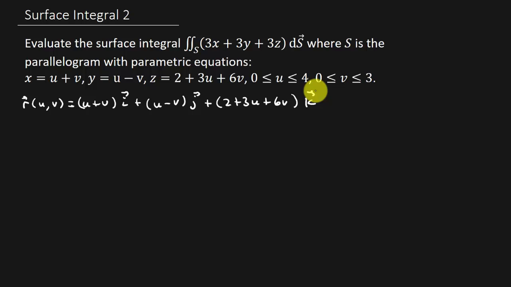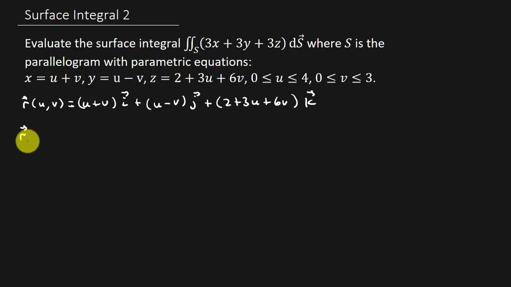And remember, we want F times the magnitude of vector r_u cross vector r_v to integrate this. So we need to find the cross product of r_u and r_v.